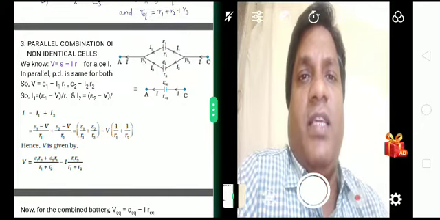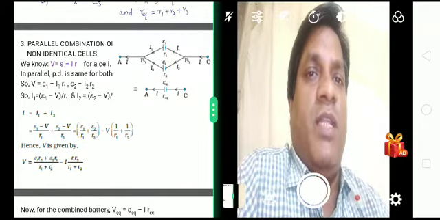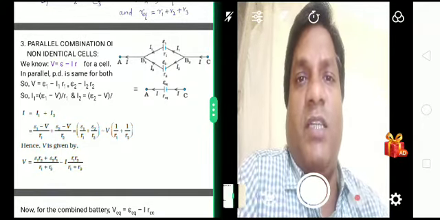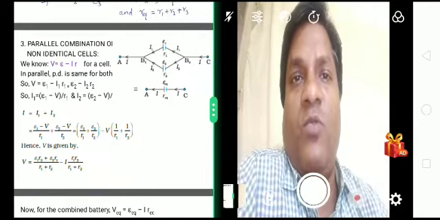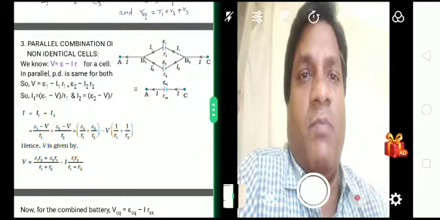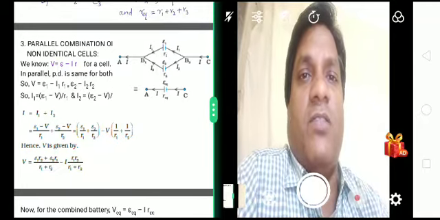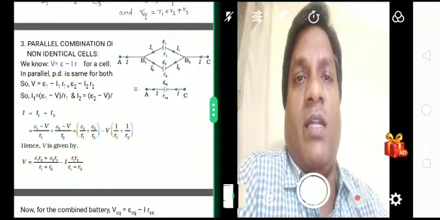Hence, V, the terminal voltage, can be found out as equal to E1 R2 plus E2 R1 by R1 plus R2 minus I into R1 R2 by R1 plus R2.